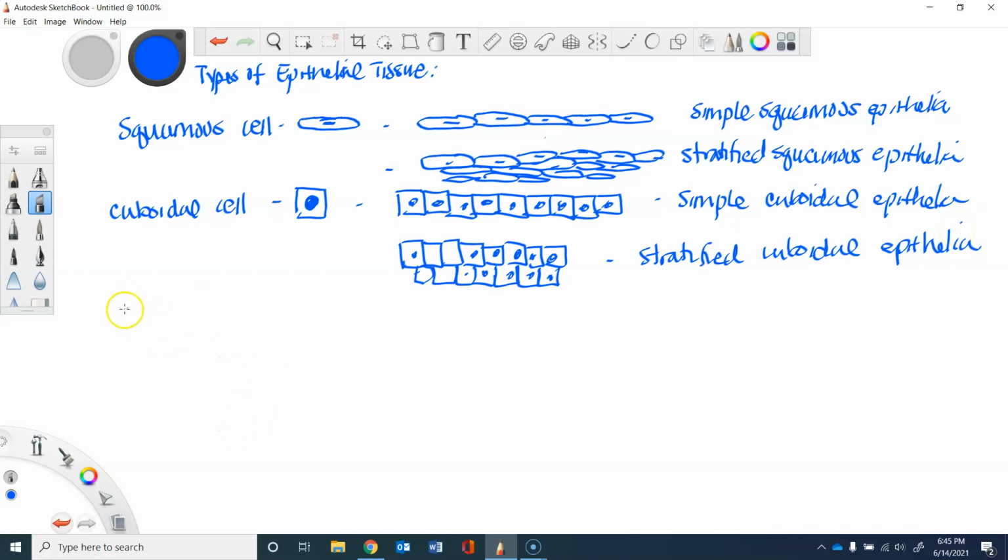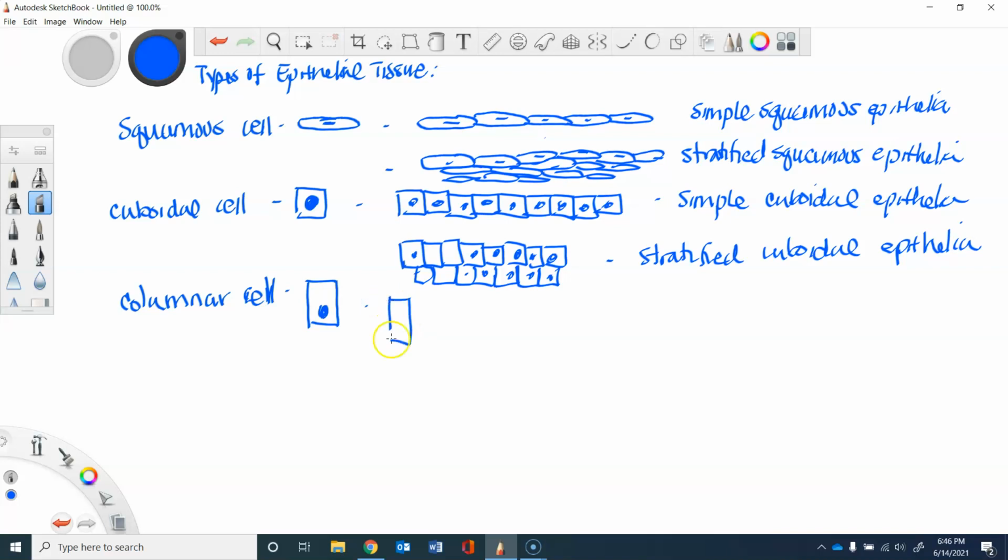All right, the last type of cell is a columnar cell. And it is similar to the cuboidal cell, but it's taller. And it has its little nucleus towards the basal surface, the bottom of it.